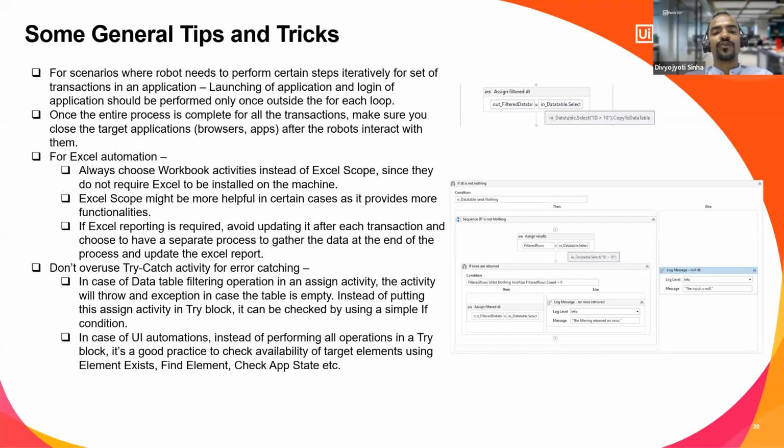And also in the case of UI automations, let's say, for example, you are performing click operations. It is always recommended to use element exist or check app state, which is in the modern design, to check for that particular element and then perform the UI automation, and not use try catch for those simple click operations, right?